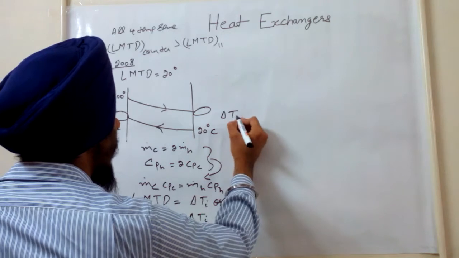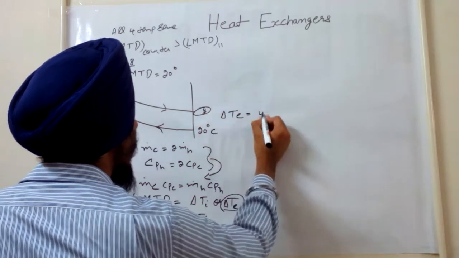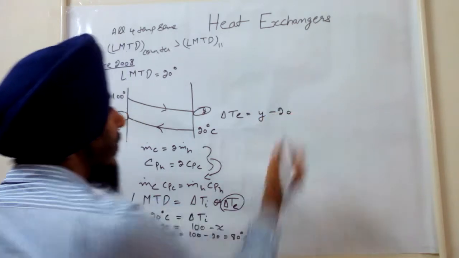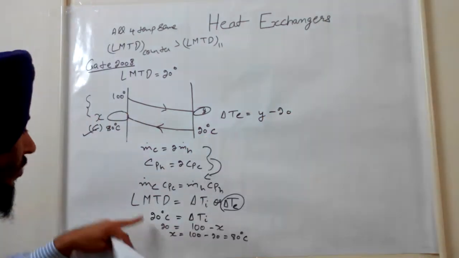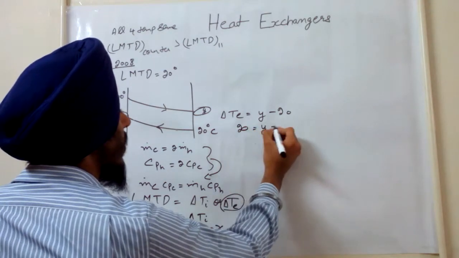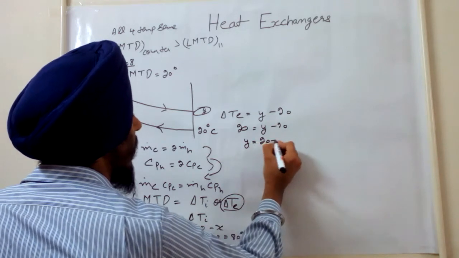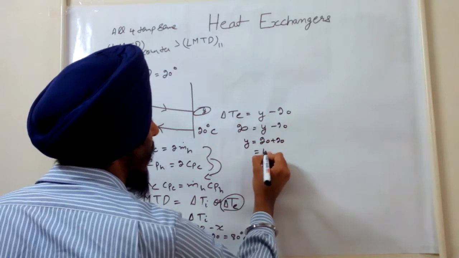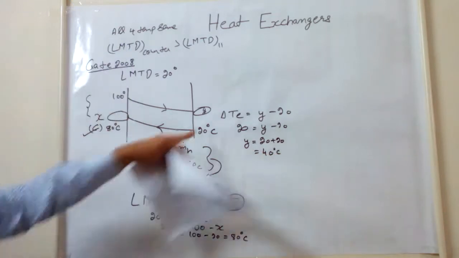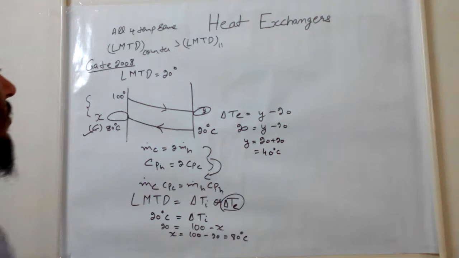Delta Te is equal to Y. This temperature will come out to be equal to 40 degrees Celsius.